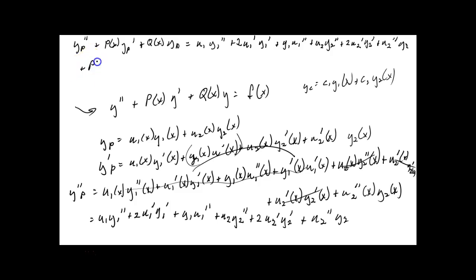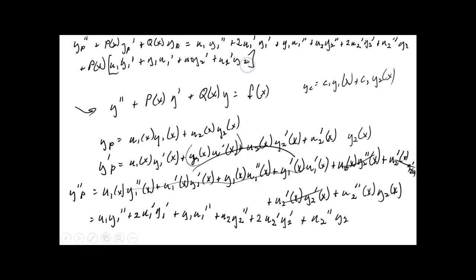Plus p of x times y sub p prime, which would be u1 y1 prime plus y1 u1 prime plus u2 y2 prime plus u2 prime y2.